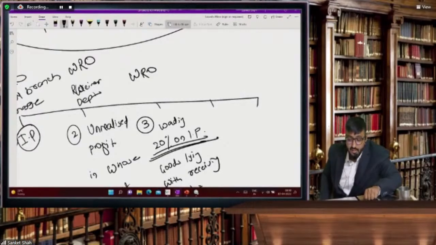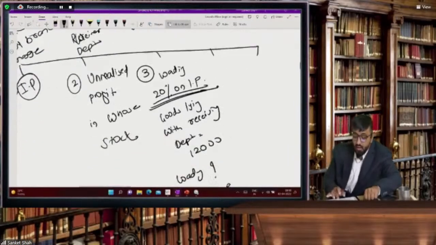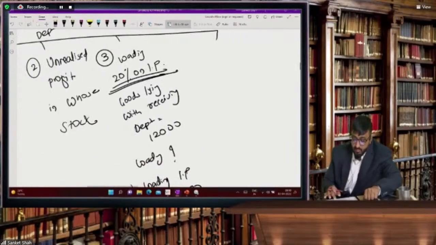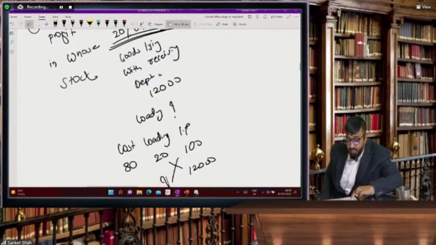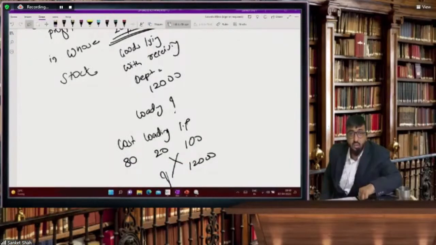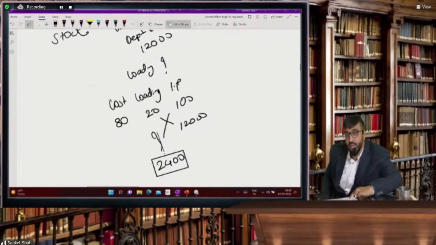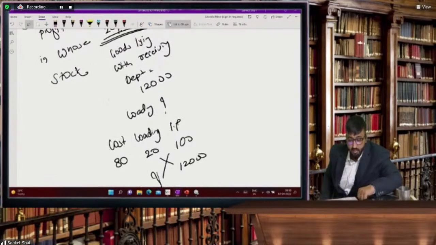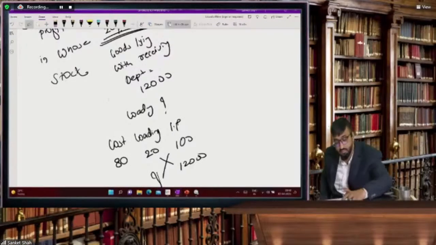Those who are answering 2,000, all are wrong. Invoice price 20%. So equation is cost, loading, invoice price. 12,000 into 20 upon 100. All answered wrong, na? Many students answered wrong.